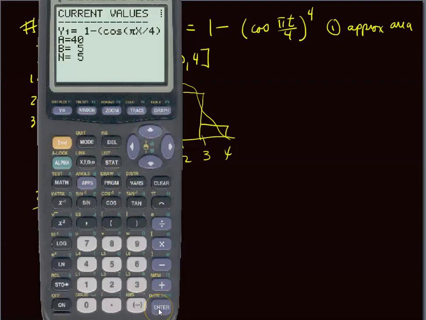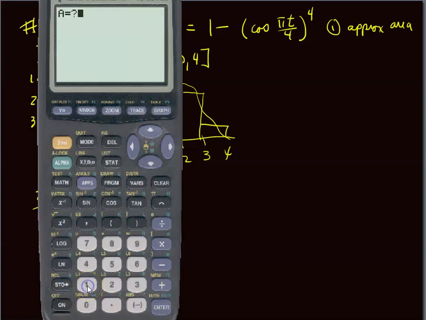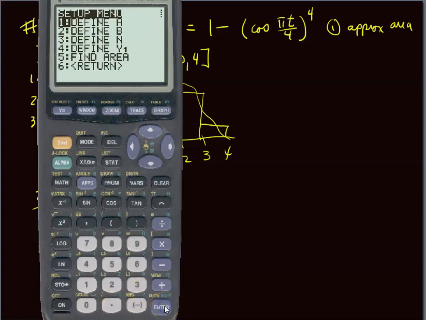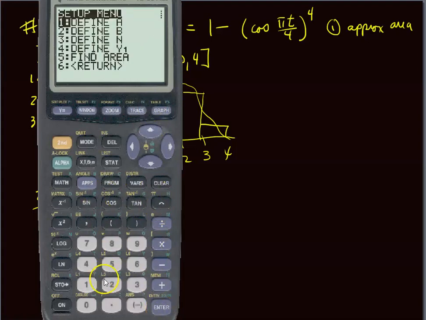So we need to set up A is 0. Maybe a little slower in your calculator too. A equals 0. Did it leave that 4 there? We'll see. I need B to be 4.